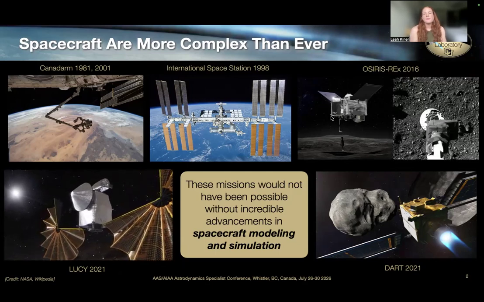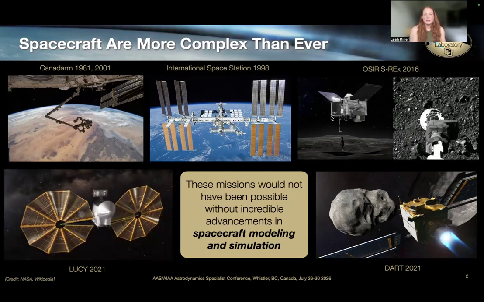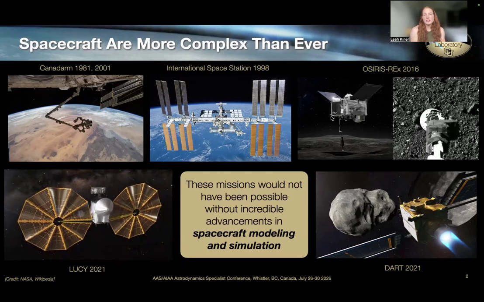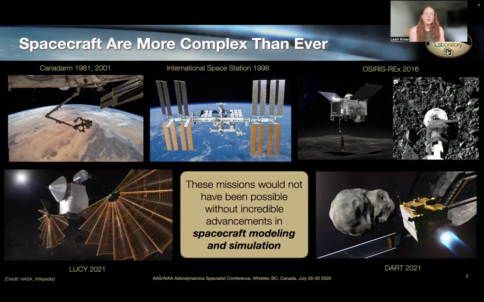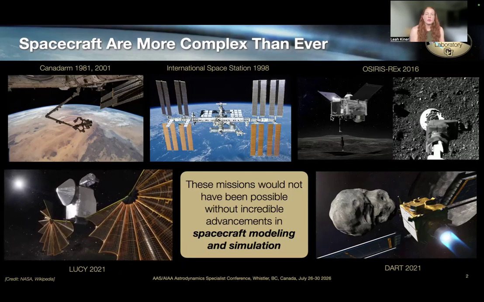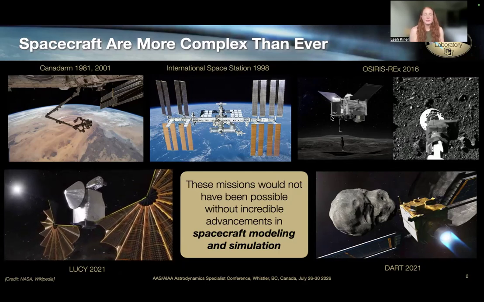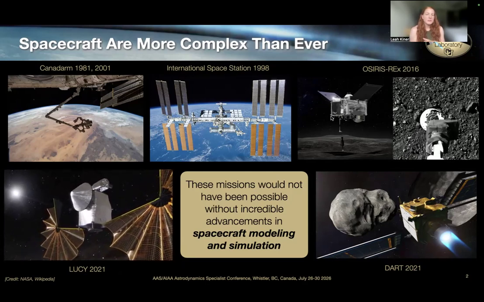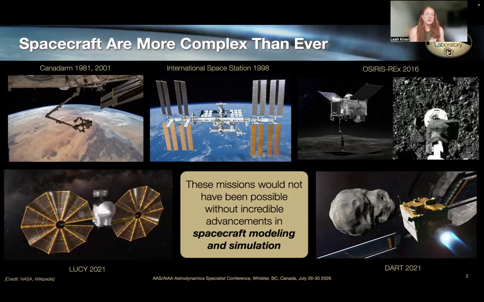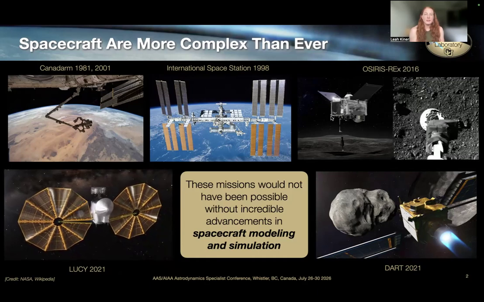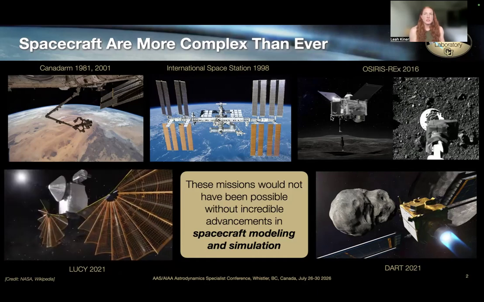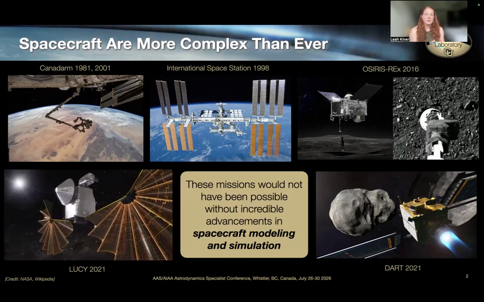So the main point that I wanted to highlight here is the fact that these missions would not have been possible without incredible advancements in both modeling and simulation of spacecraft systems. So modeling and simulation are fundamental aspects to the mission design process.